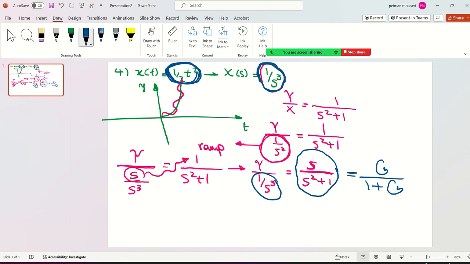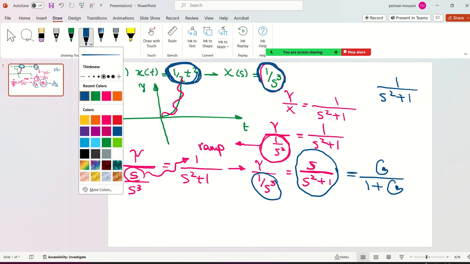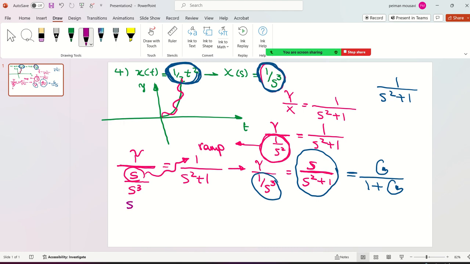Until this point, the closed loop transfer function was s squared plus 1. I changed it, so I have to change the open loop transfer function. You get what I'm talking about, everybody? Yes? So let's find it together. This multiplied by this multiplied by this. G over 1 plus G is G times s squared plus 1.